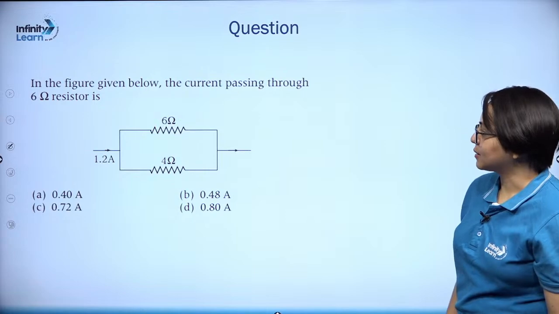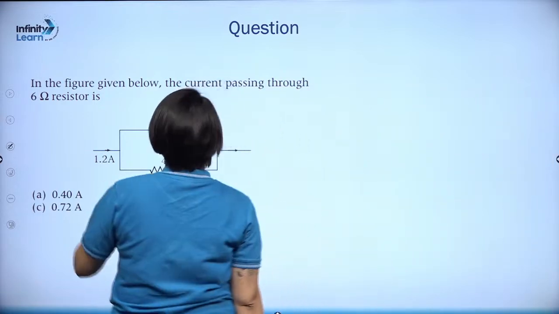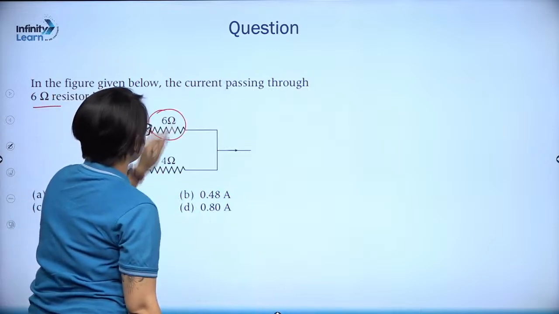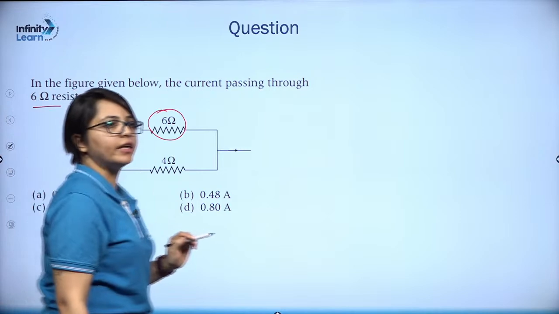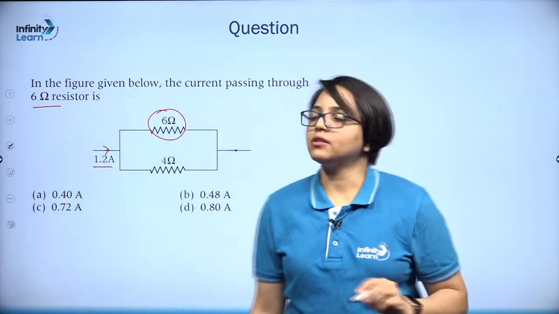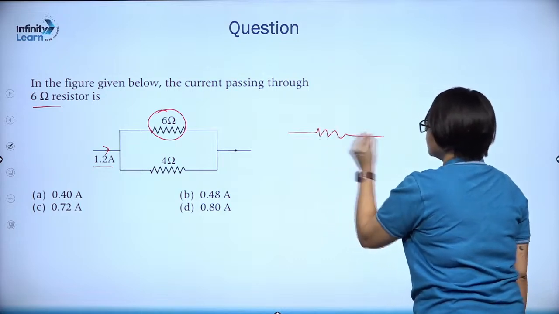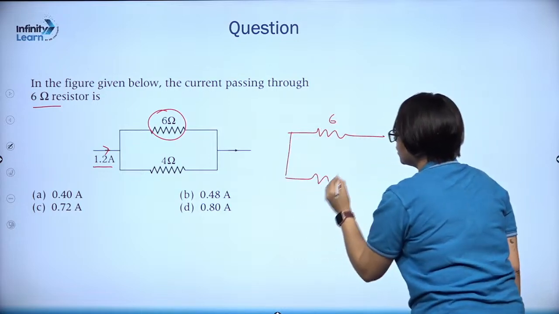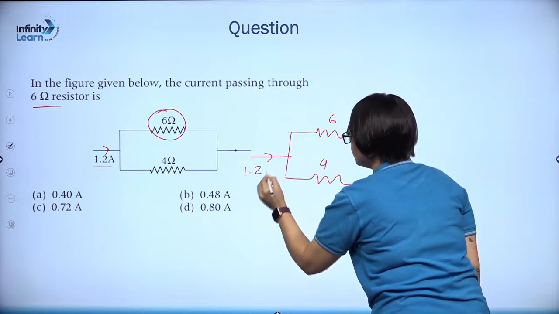Now let's try this. In the figure given below, the current passing through 6 ohm resistor is, total current is 1.2 ampere, we need to find it for 6 ohm, right? So for that I'll give you one formula. This is 6 and 4 in parallel and total current is 1.2 ampere.